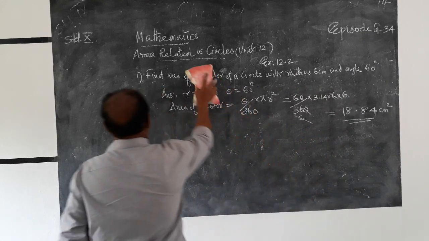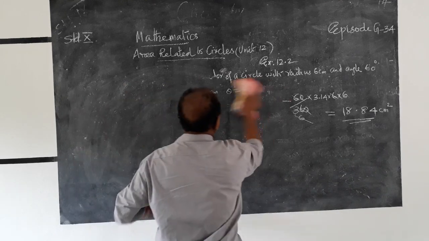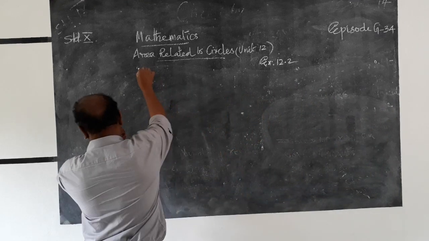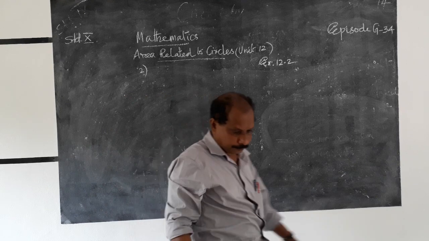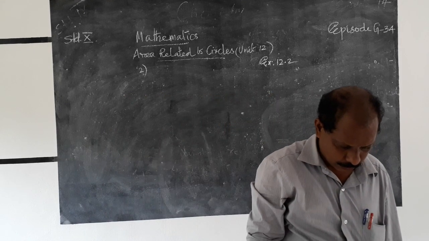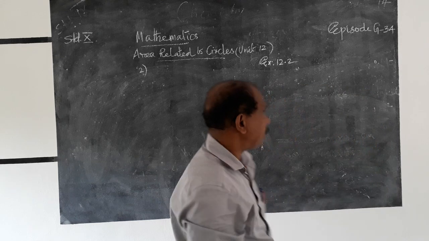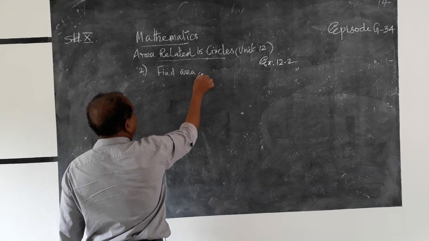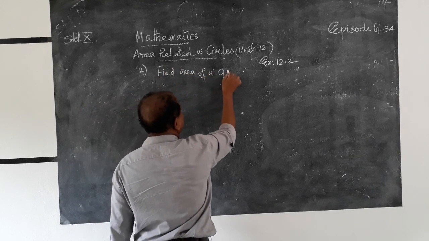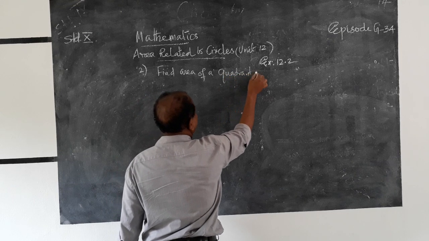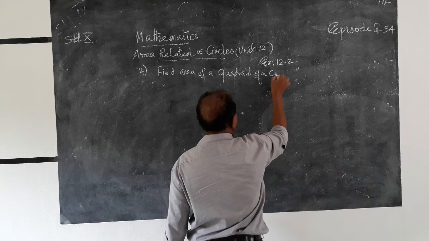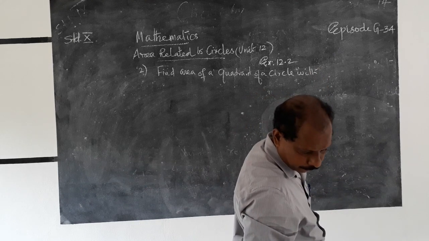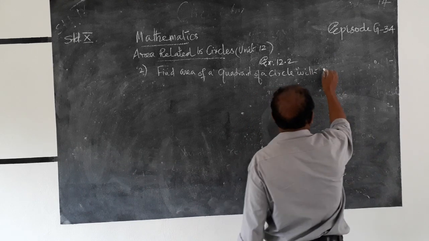Then, second question. Find area of a quadrant of a circle with perimeter 22.